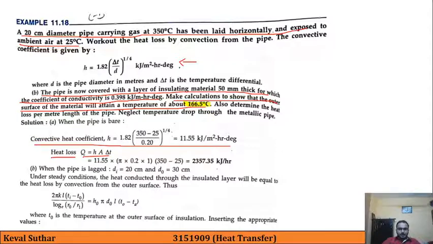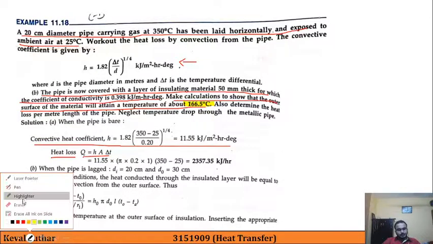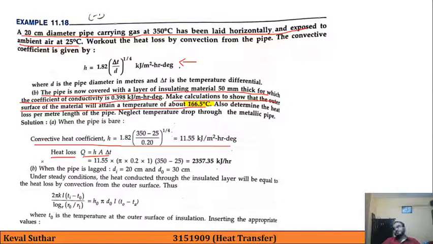So we need to prove this as an answer. Also determine the heat loss per meter length of pipe. Neglect the temperature drop through the metallic pipe.